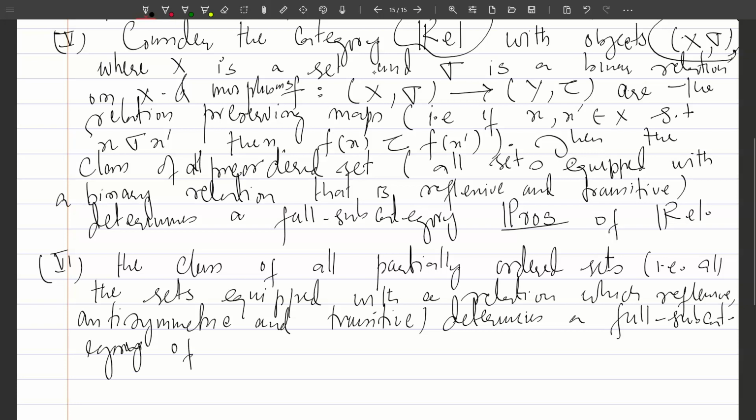Let us call this subcategory POS. So this is a full subcategory of PROS, which is the category of pre-ordered sets.